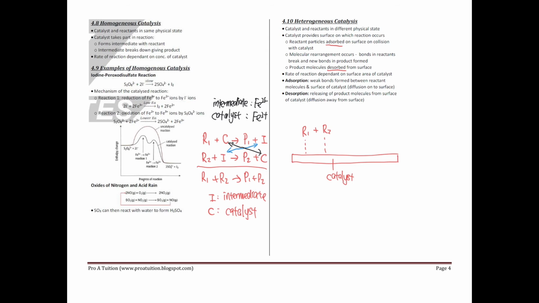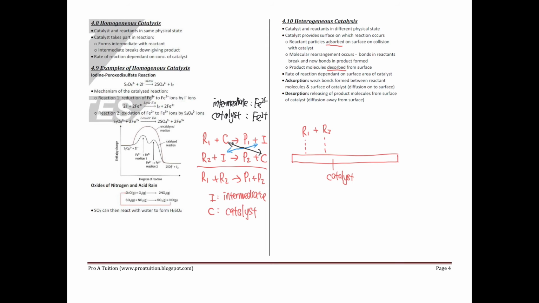Now next one, rate of reaction depends on surface area of catalyst. So it depends on different things. Just now, it depended on the concentration of reactant and catalyst. Now it depends on the surface area of catalyst. So adsorption is where a weak bond forms between reactant molecules and the surface of catalyst.